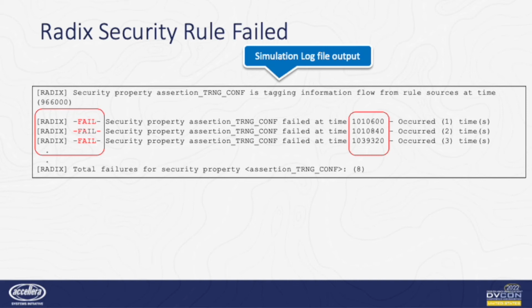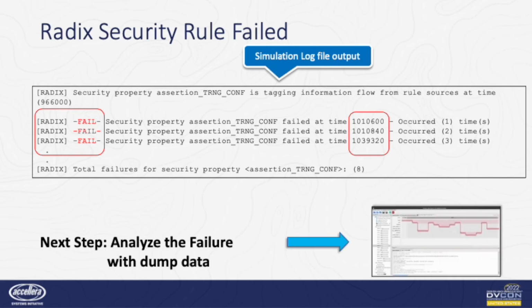Radix puts out messages that inform the user when the information is tracked and when it's failed. In this case, the rule has failed 8 times, and the rule times of failure are shown here. In this representation, I'm showing only 3 failures, but the log file is larger, and we can see that there are 8 failures.